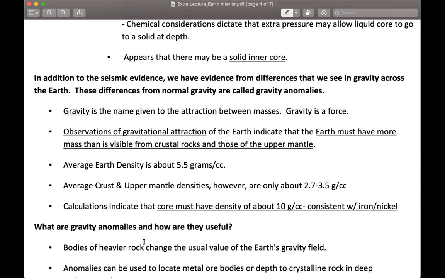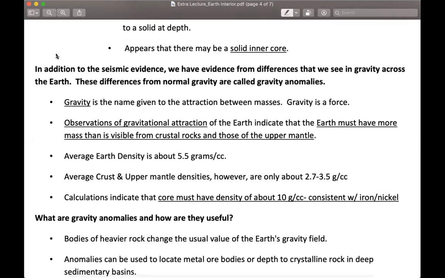So in addition to this seismic evidence, what we have is gravity anomalies also, right? People have considered gravity anomalies as well to understand the structure of the Earth. So what is gravity? Gravity is because of the attraction of masses. Once you have a mass for a material, definitely there will be a gravitational field, right?